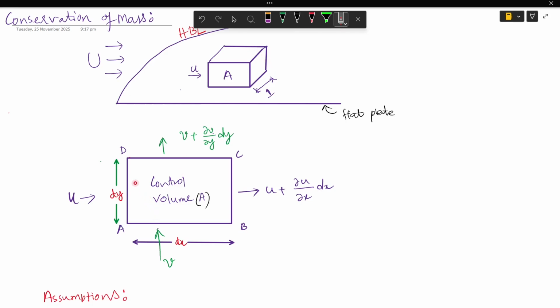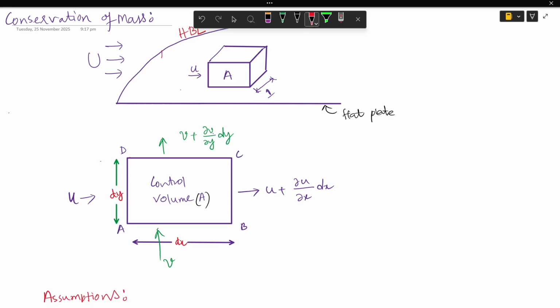Now we can see that this is the velocity small u, the velocity inside the boundary layer, and we also know that this velocity small u will become 0.99 of capital U at this point. There was a parabolic velocity distribution curve, as we have seen.